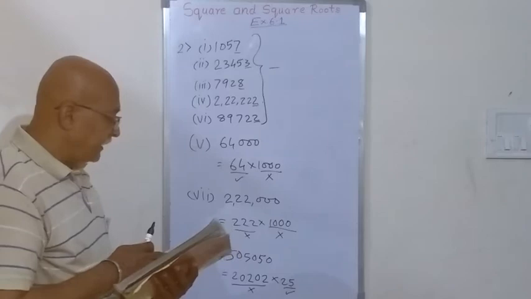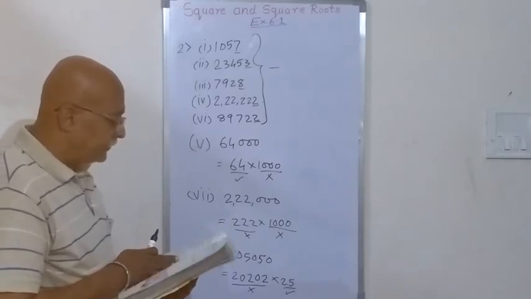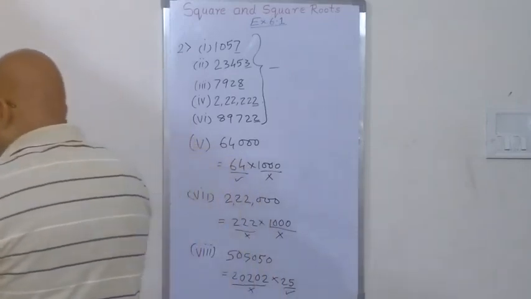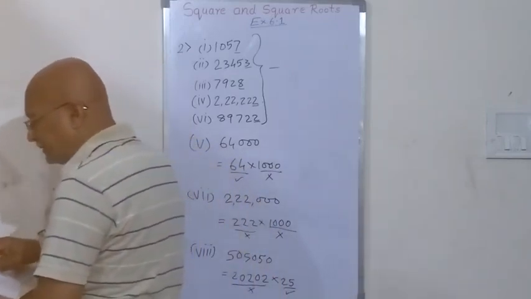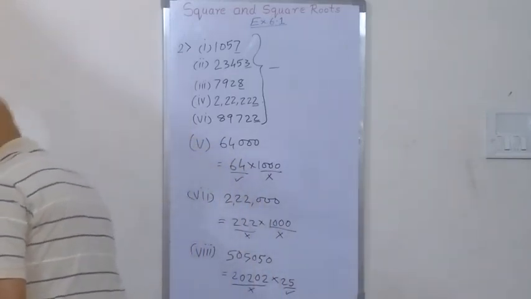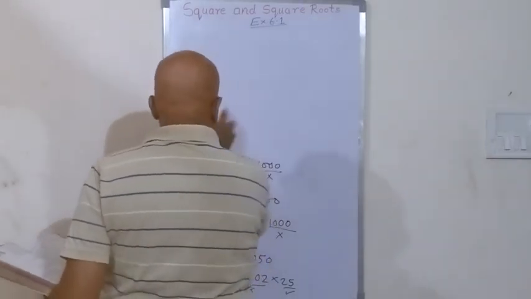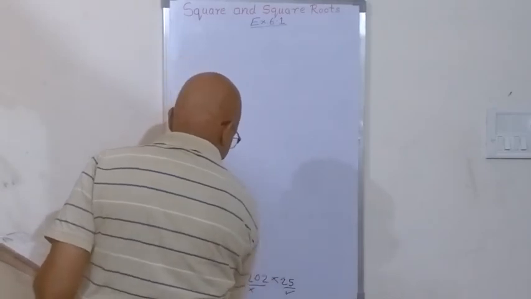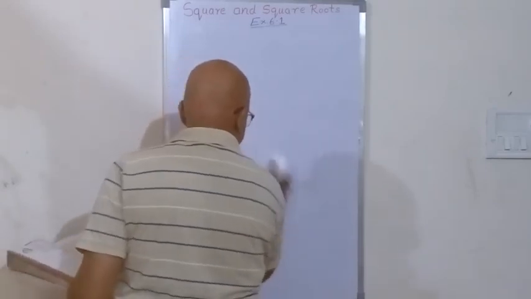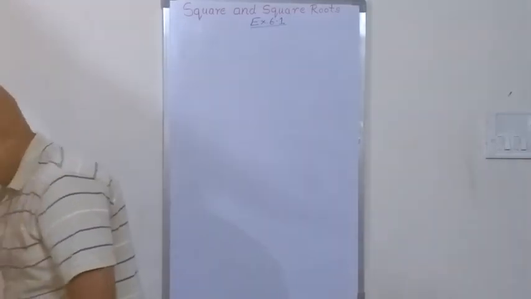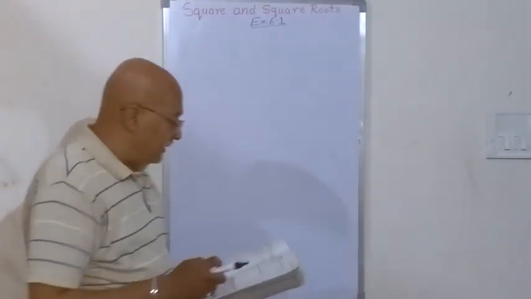Third one: the square of which of the following would be odd numbers. In the third one, they are asking for the numbers whose squares are odd numbers.